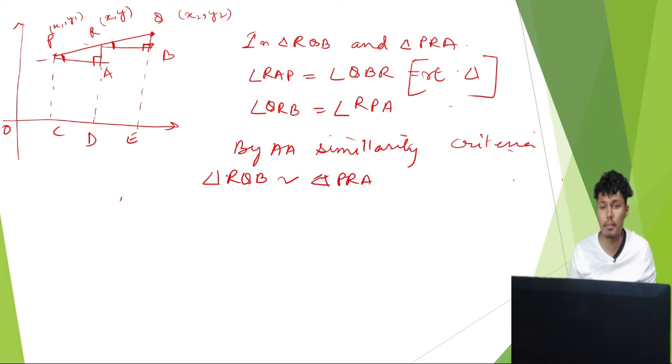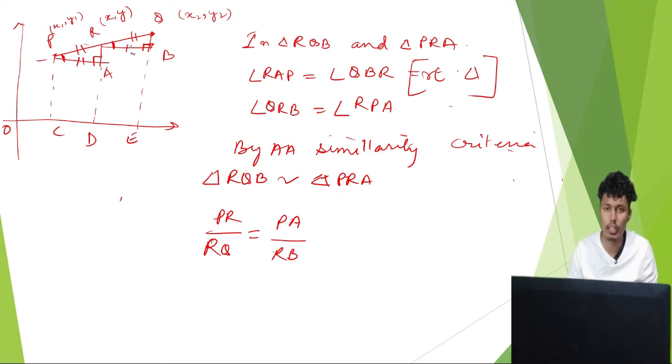If two triangles are similar, then the ratios of sides are equal: PR by RQ will be equal to PA by RB, which will be equal to RA divided by QB. So these ratios will be equal.